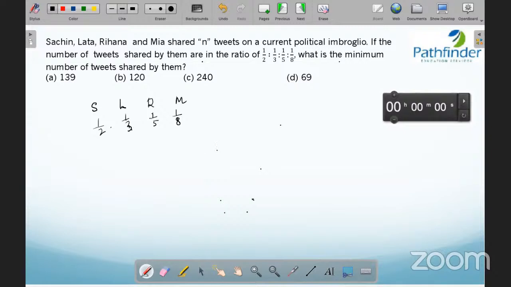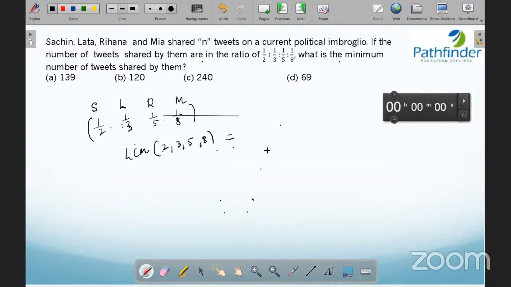Now understand, for the tweets to be a minimum number, the number of tweets has to be a multiple of 2, 3, 5, and 8. So if they're in the share ratio of half is to 1 by 3 is to 1 by 5 is to 1 by 8, the minimum number of tweets must be in a multiple of 2, 3, 5, and 8.